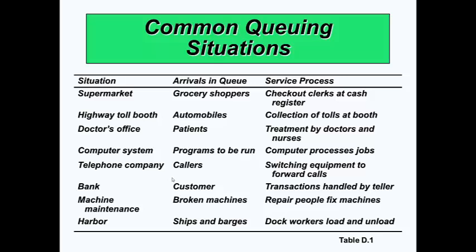It has been proven that having a single line leading up to multiple servers is more efficient than having multiple lines leading to their own specific service providers in a supermarket or a bank or a post office. But customers in general like having independent lines because they think they know which line is faster, better for them. It gives them the freedom to pick the line.